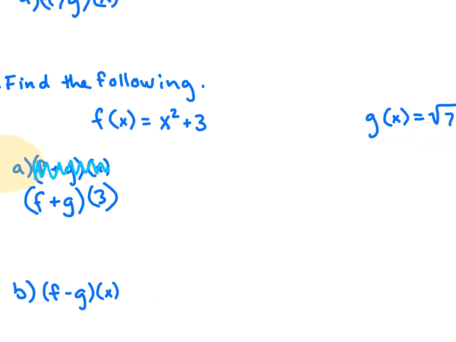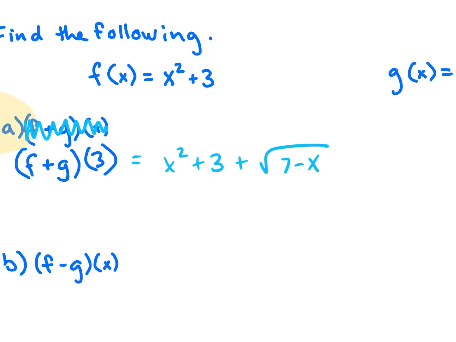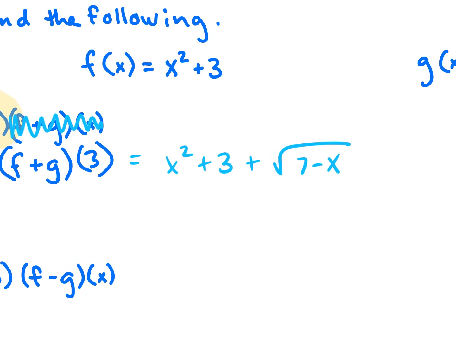So we could add our two functions together and then plug in 3, or you can plug in 3 and then add them together. Doesn't matter which way you want to do it. I'm going to add them together. So f is x squared plus 3 plus g is the square root of 7 minus x. Now here we can't simplify, but we don't need to because we just have to plug in 3. So f plus g, when it gives you the number, we got to plug in that number.